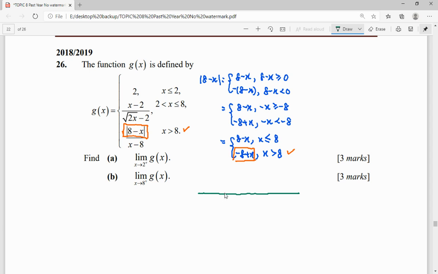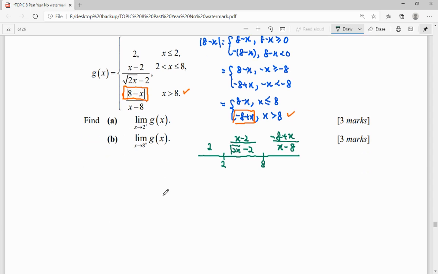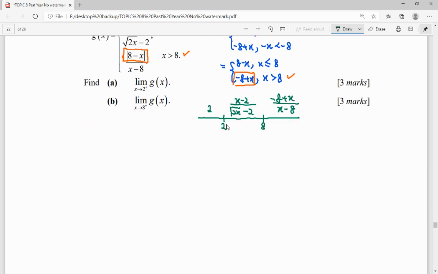Less than 2 is the function of 2, between 2 and 8 is the function (x minus 2) over the square root of 2x minus 2, and for x more than 8, the simplified form is negative 8 plus x over x minus 8. Then only we can start answering the first part.